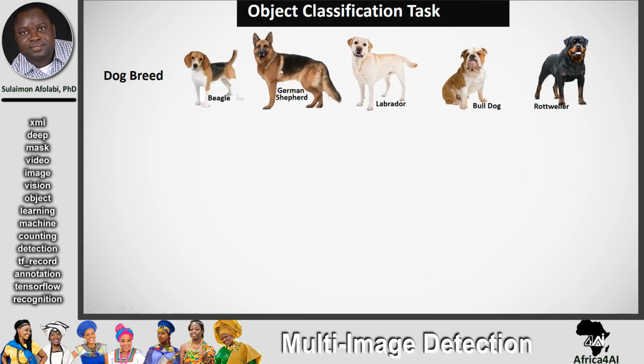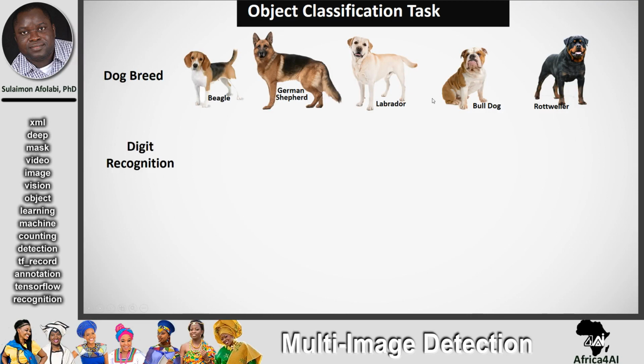Alright, so here are some of the object classification tasks that you may have to do. Number one is dog breed. So maybe you are asked to classify based on the dog breed. As you can see here, we have Beagle, German Shepherd, Labrador, Bulldog, Rottweiler into their respective group category.